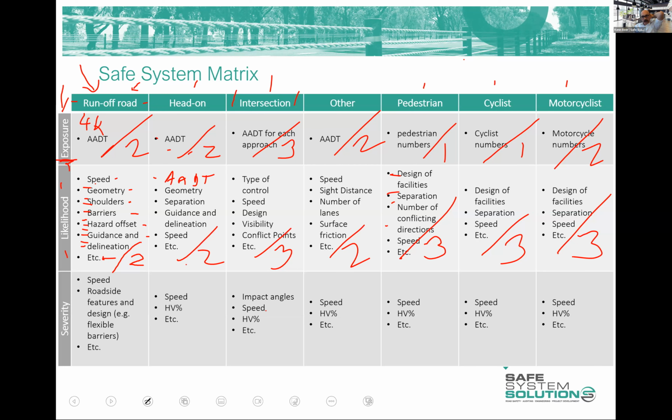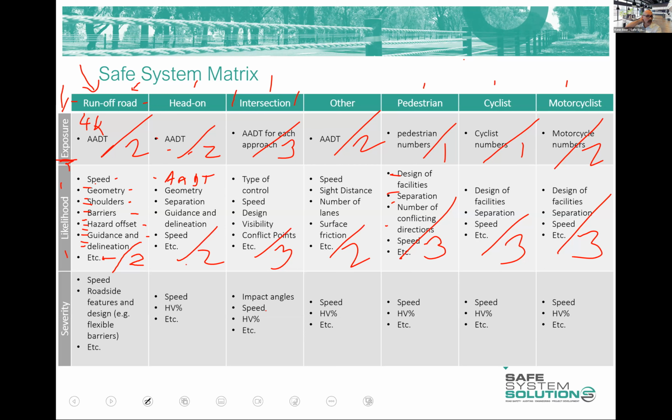Then we get into severity. Exposure is quite clear cut, because if you've got a volume, you simply go to the scoring reference sheet and you put the number in. The only judgment with exposure is when you don't have those volumes given to you, for pedestrians or cyclists, or sometimes you don't actually have traffic volumes, so you've got to make an assumption.